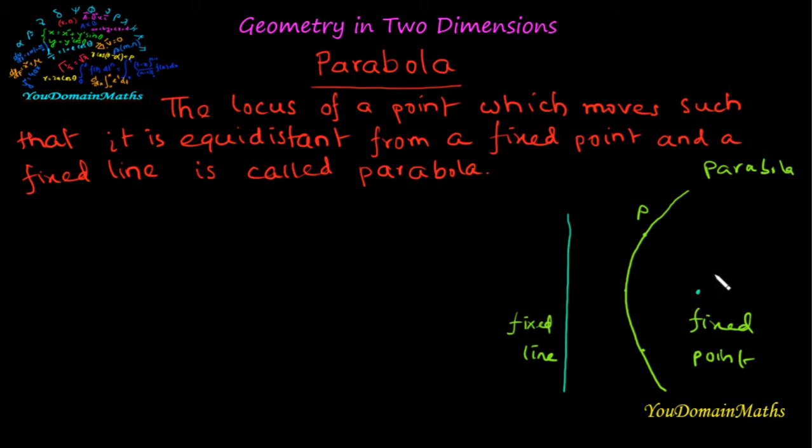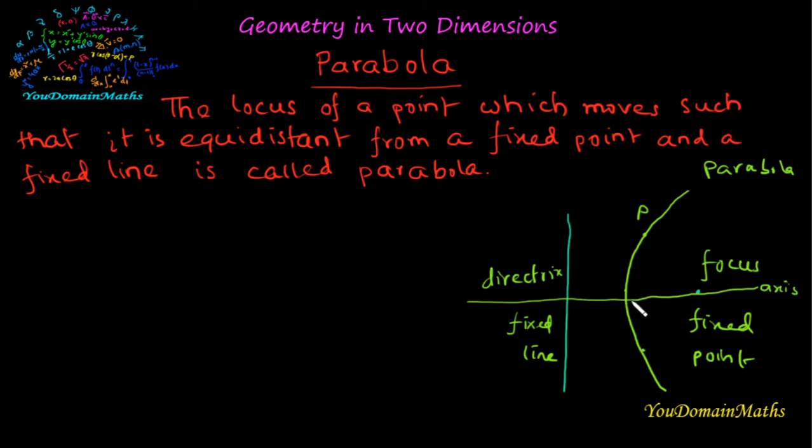And then the fixed point is called the focus and the fixed line is called the directrix. A perpendicular line to the directrix which passes through the focus is called the axis.